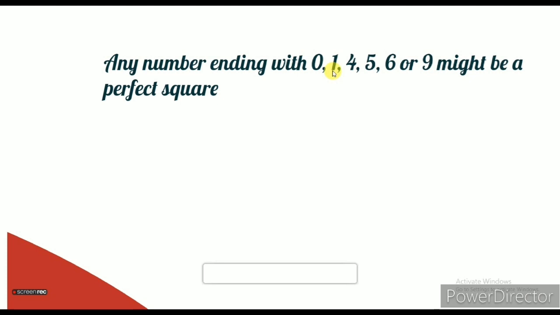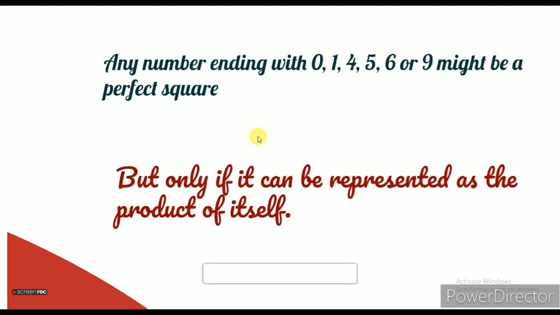Any number ending with 0, 1, 4, 5, 6 or 9 might be a perfect square, but only if it can be represented as the product of itself. Now, from the above observation, we have learnt how to find the unit place of the square root of any number.